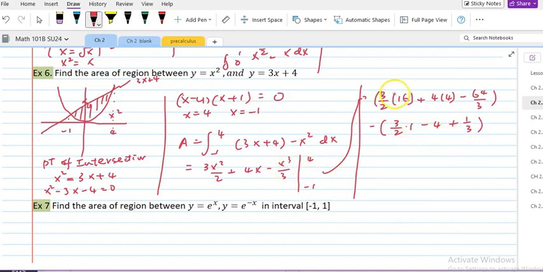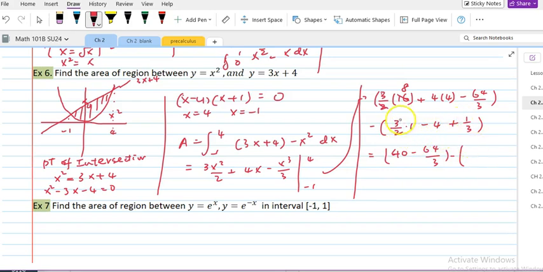So let's see. 3/2 times 16 is 24, plus 16. 24 plus 16 is 40. 40 minus 64 over 3, minus 3 over 2 plus 1/3.